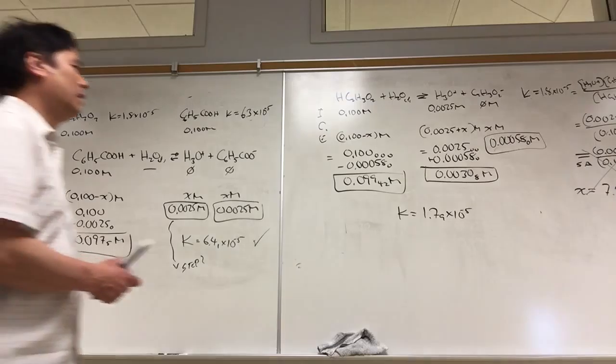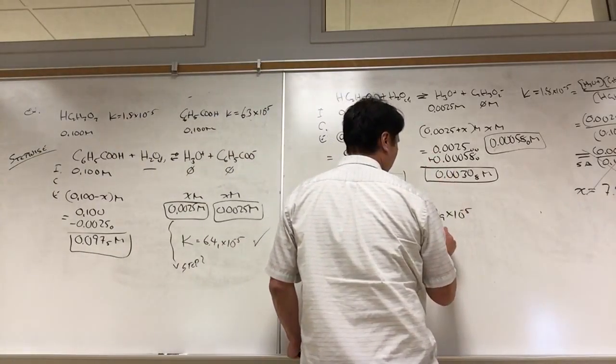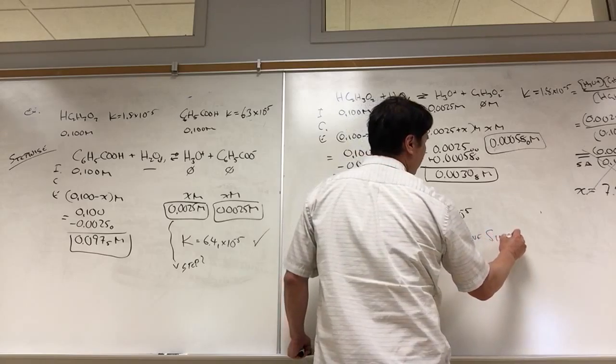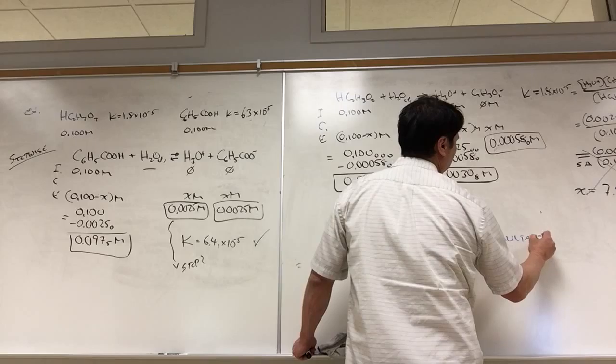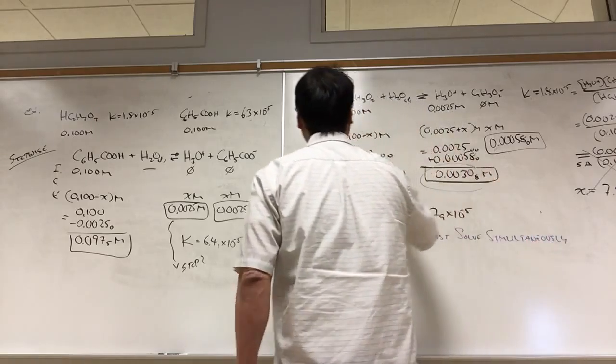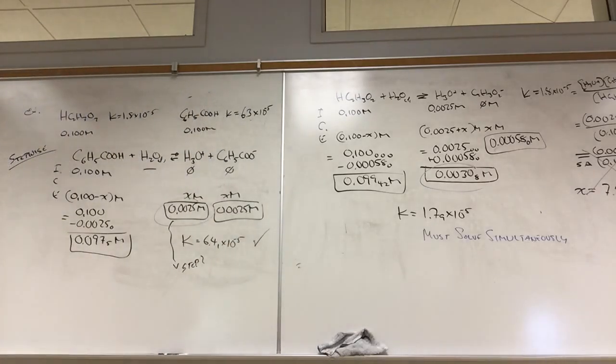And so these must be solved simultaneously, because the hydronium in equilibrium 1 must be the same as the hydronium in equilibrium 2. They can't be different because they're in the same beaker.